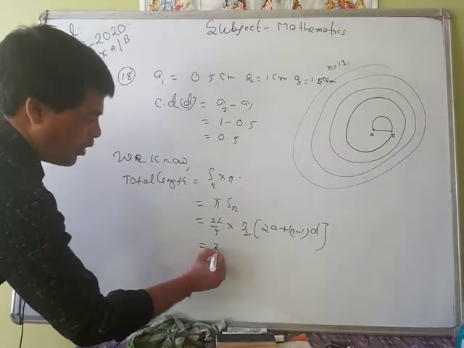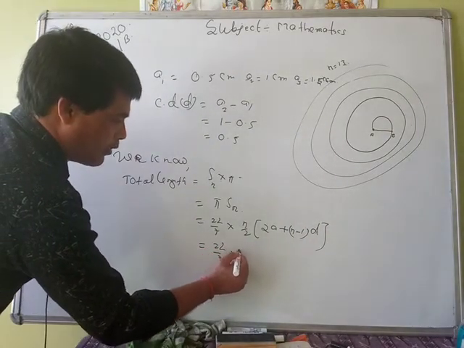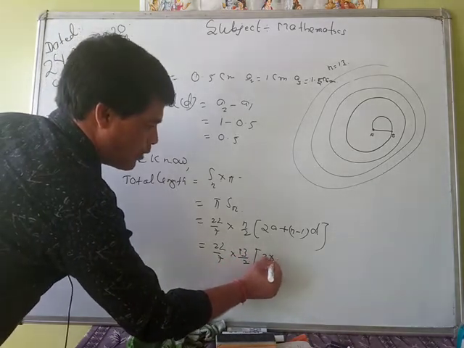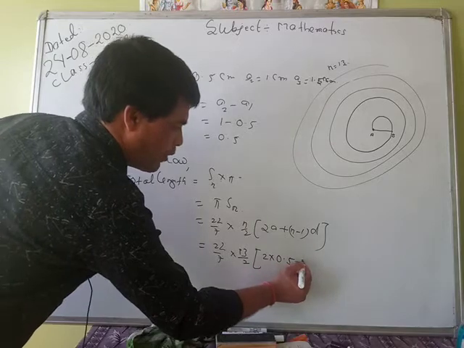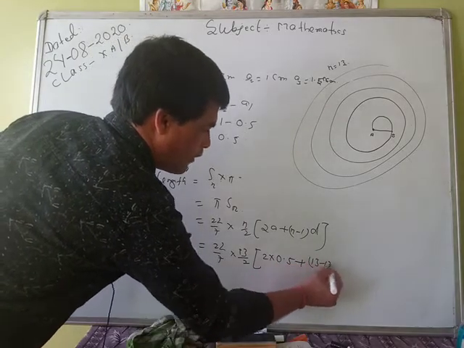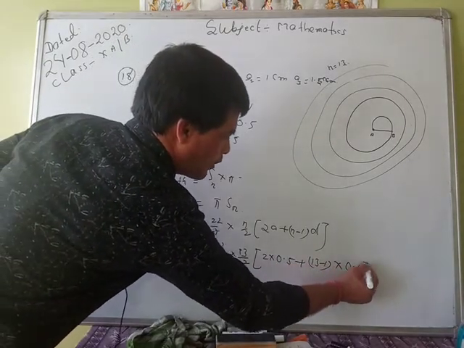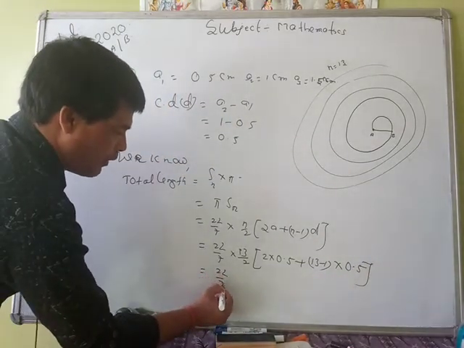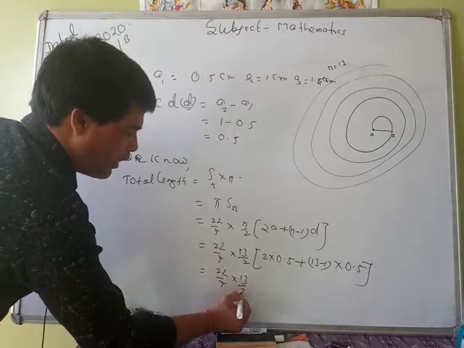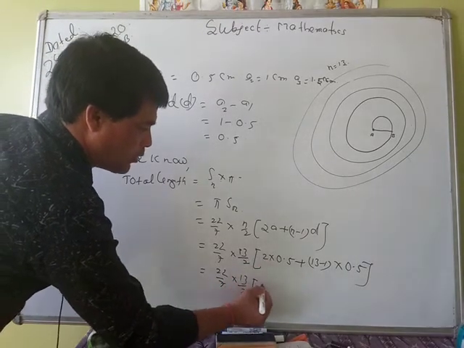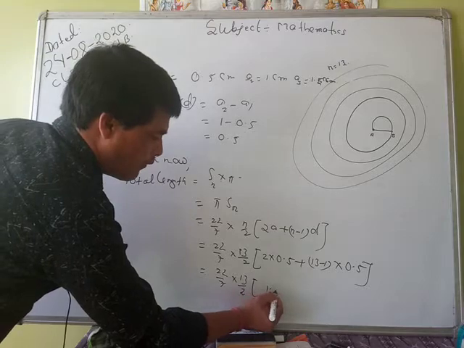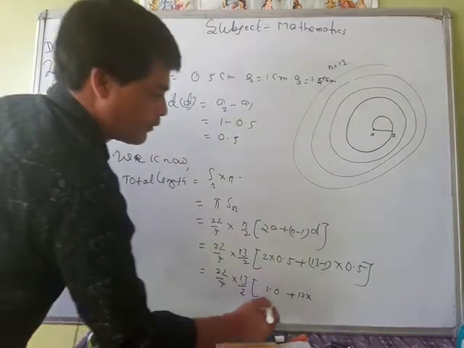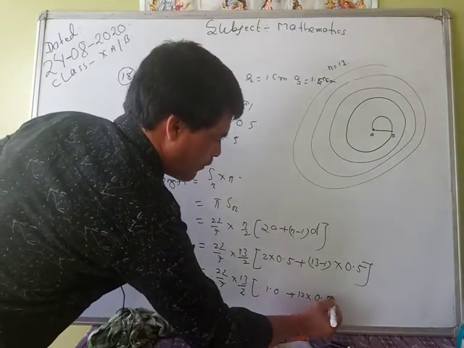Then 22/7 into n, that means how much? 13/2, and bracket start 2 into a, that means 0.5, plus n, that means 13, minus 1, into 0.5. Now 22/7 into 13/2 as it is you have to write, and 2 into 0.5 is 1.0 plus 12 into 0.5.